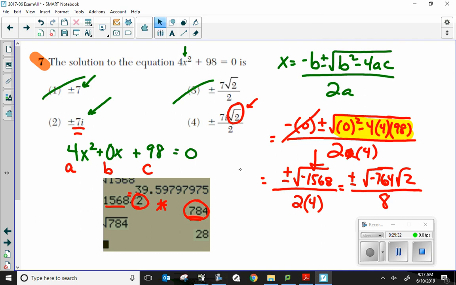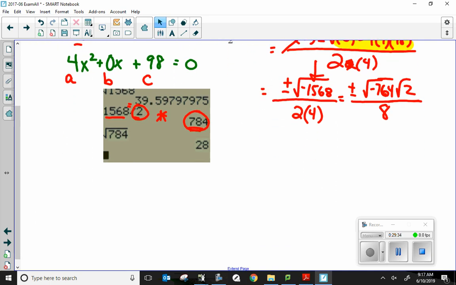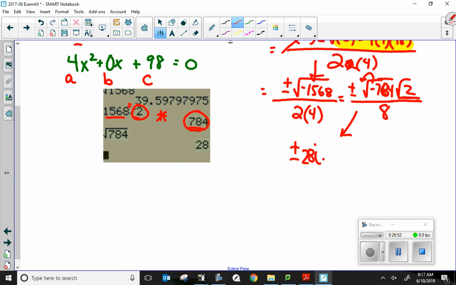And we know the square root of 784 is 28. The negative comes out and becomes an i. The square root of 784 is 28, and then I still have my radical 2 all over 8.